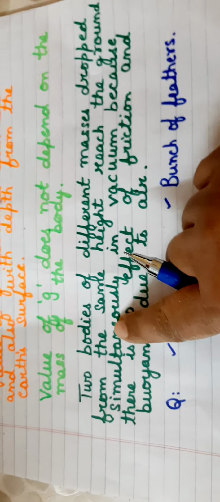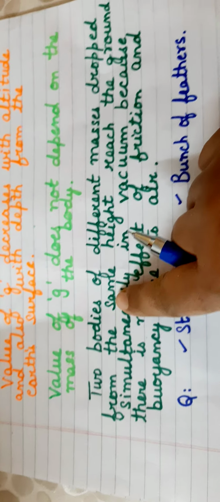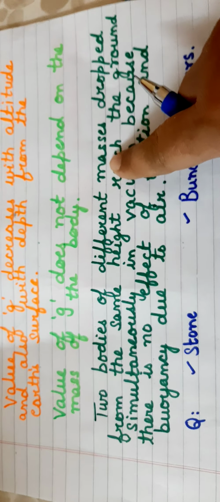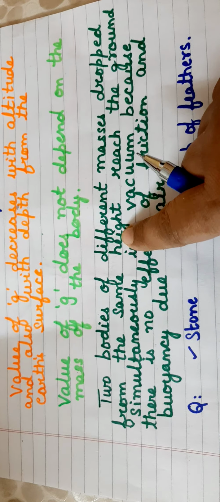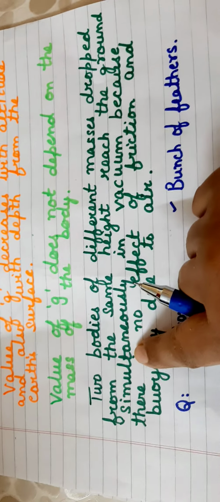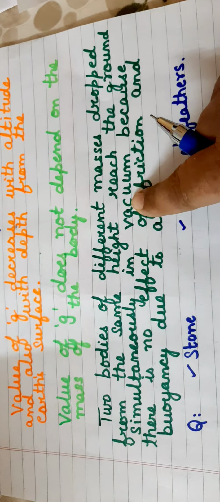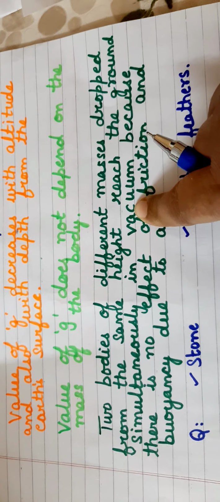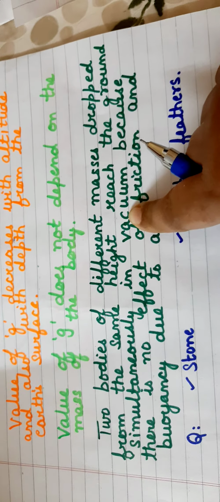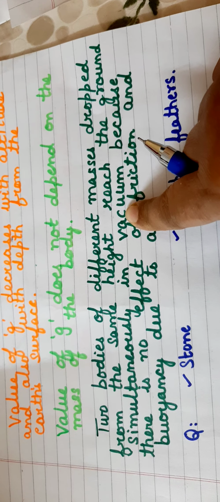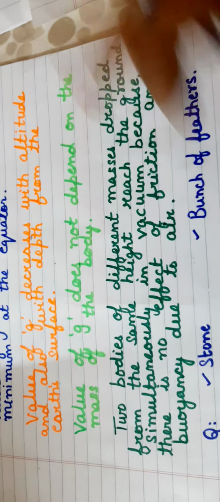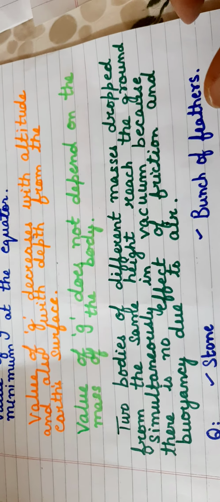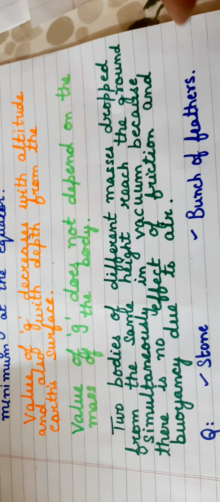here I have put down a fact that two bodies of different masses, when dropped from the same height, reach the ground simultaneously in vacuum. Now, basically, what is vacuum, children? When there is no air. Now, when there is no air and you drop two objects of different masses from the same height.